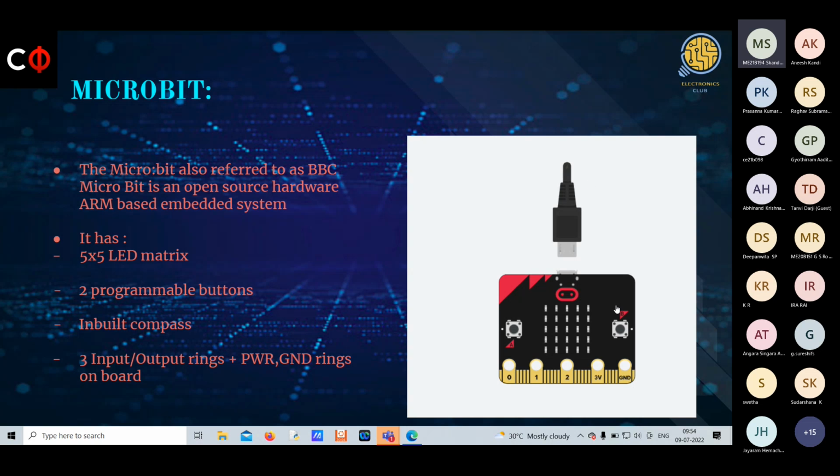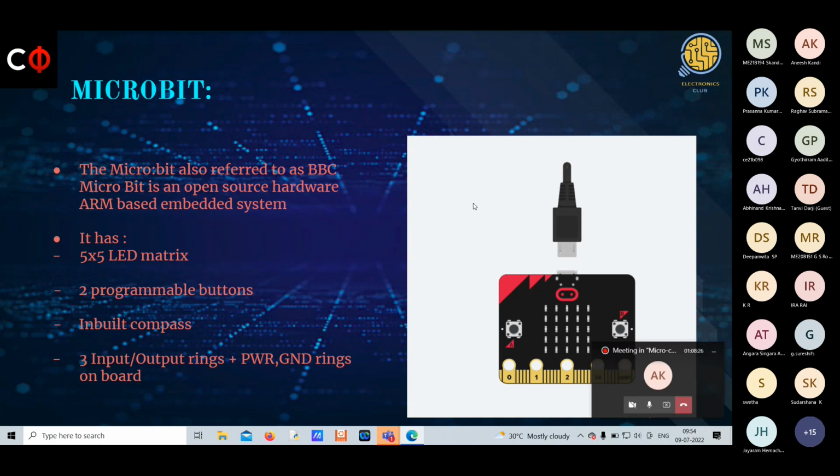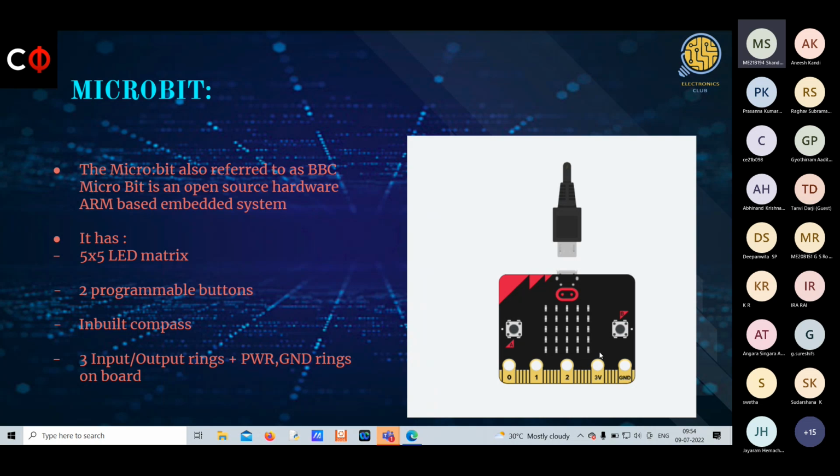You have the 3-volt input supply pin and then the ground pin. You have even buttons on the board. Other than this, you have a few more functionalities available with your microbit that make it very versatile, so that it can replace even your GPS and compasses too.